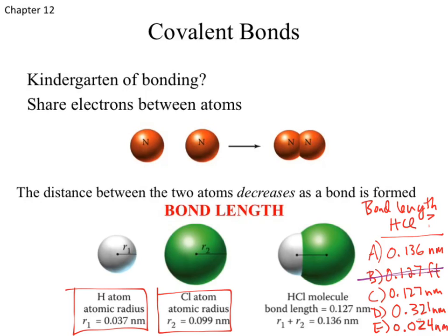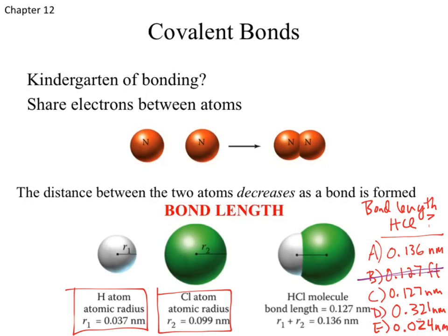With the other options, is there anything else you could eliminate? Why D? Would we ever expect it to get bigger for a covalent bond? Our atomic radii are nice and set up. If they're going to interact with each other, more than likely they would come closer, but at a first approximation we could say they stay the same. Why would they ever get further away from each other?